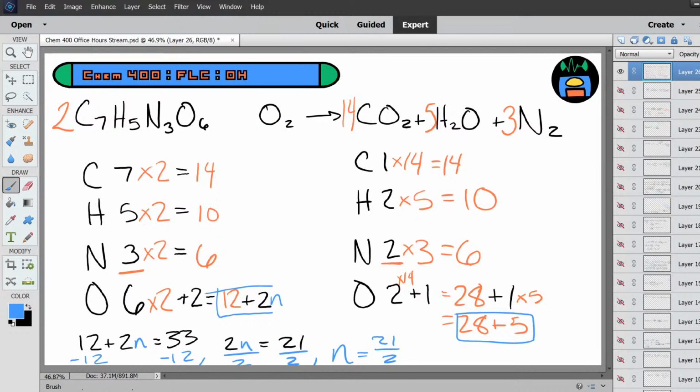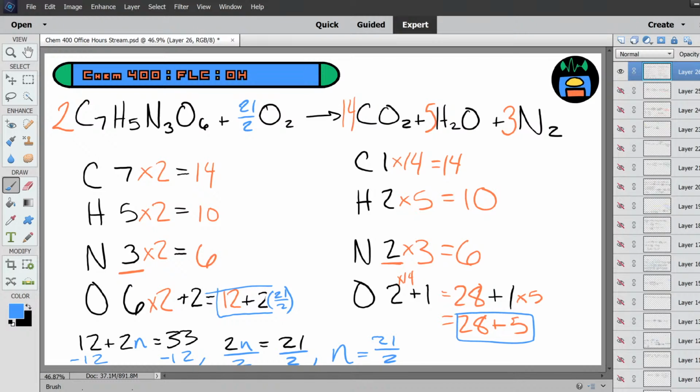And when you multiply O2 by 21 halves, you'll notice 2 times 21 over 2 is 21, and 12 plus 21 does indeed equal 33.